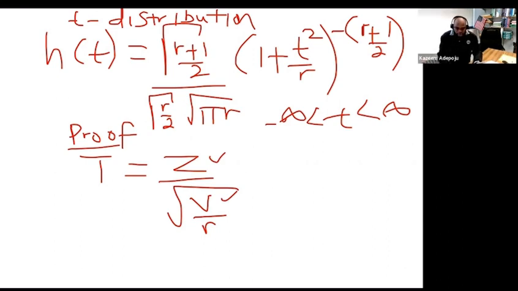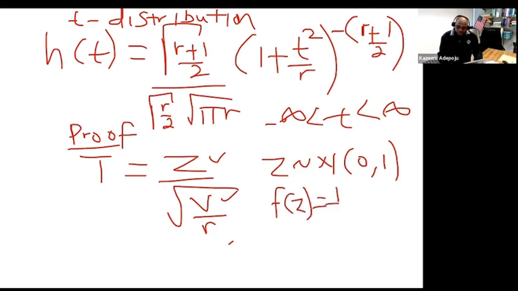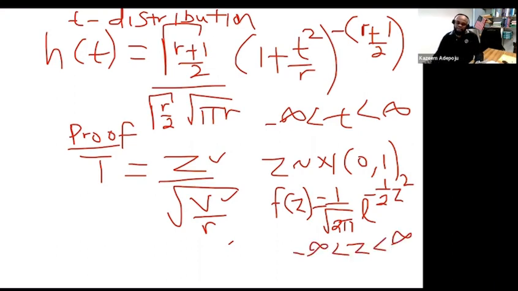Z is a random variable that follows a normal distribution with mean 0 and variance 1. Which is actually saying that my f of z is 1 over square root of 2 pi, exponential raised to the power minus z squared over 2, where z goes from negative infinity to positive infinity.